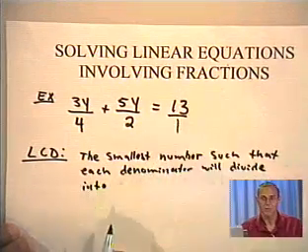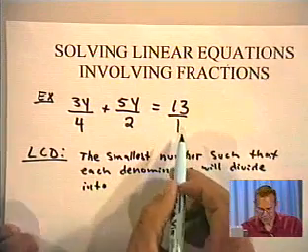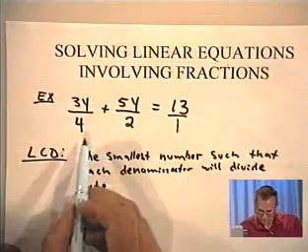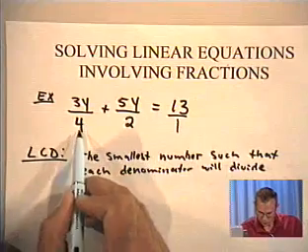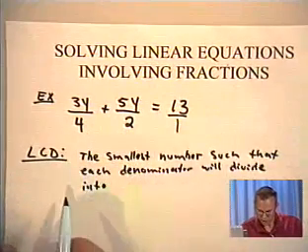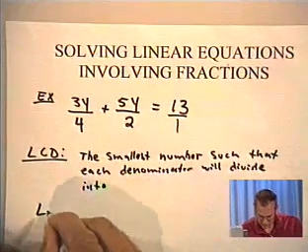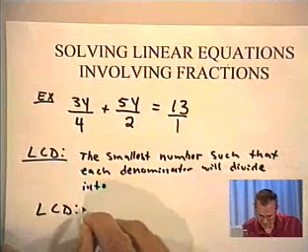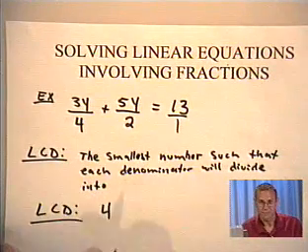I could actually think of 13 to have a denominator of 1. So let's see. A 4, a 2, and a 1 will all go into 4, and of course, in this problem, our LCD is 4.